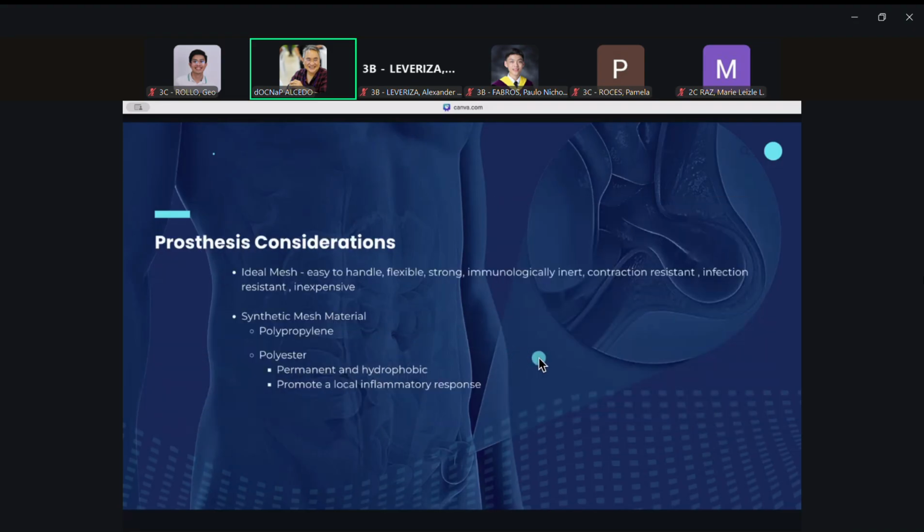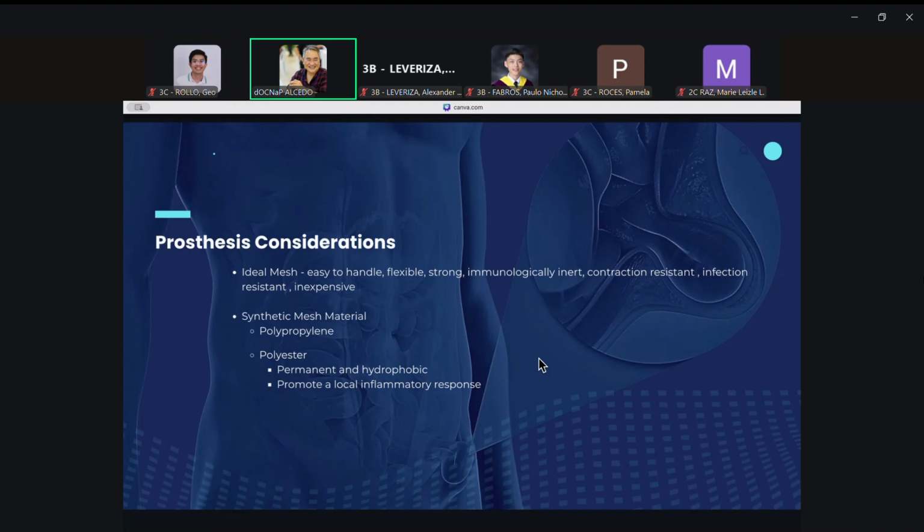So prosthetic considerations. When you choose a mesh, an ideal mesh should be easy to handle, flexible, immunologically inert, okay? Hopefully contraction resistant and infection resistant and cheap. Most of the time, it's made of polypropylene or sometimes polyester, no?